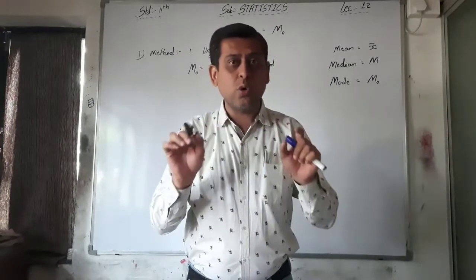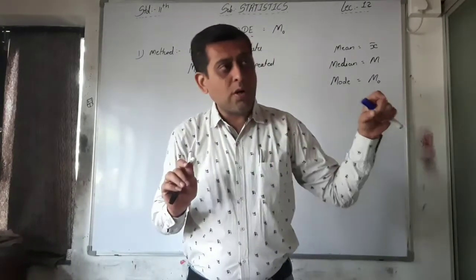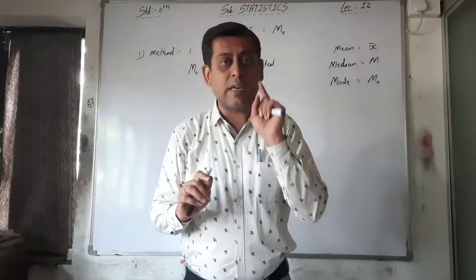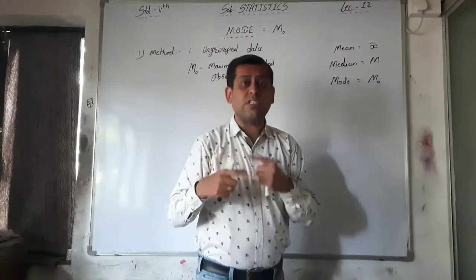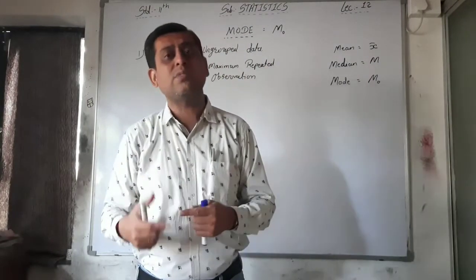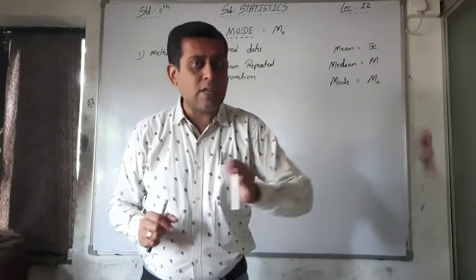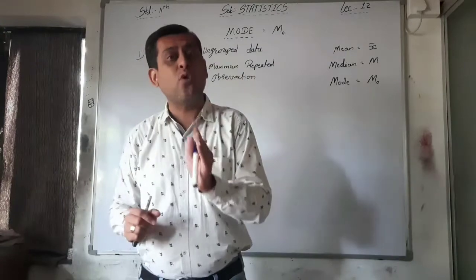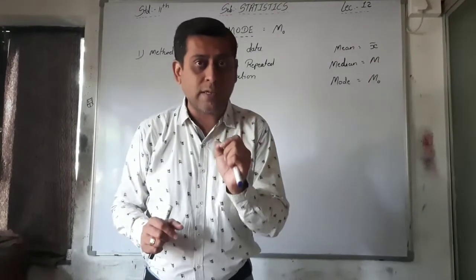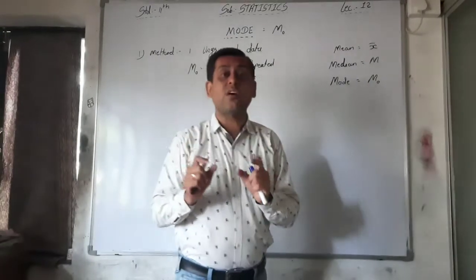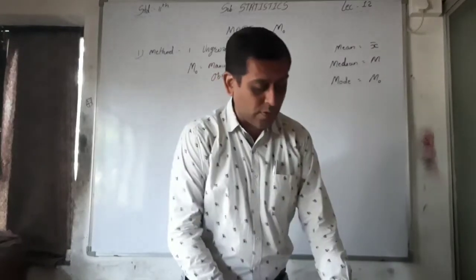In raw or ungrouped data, whatever observations are given, the observation which is repeated the highest number of times is your mode. We don't have to calculate anything in the calculation of mode. We just have to inspect which one is the highest repeated observation.